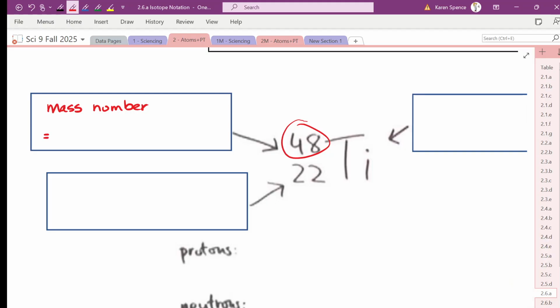Mass number equals the protons plus neutrons. All right. How about the 22? What does the 22 stand for? Protons. And what do we call that number? That is the atomic number, yes.